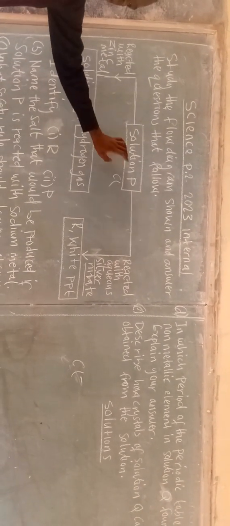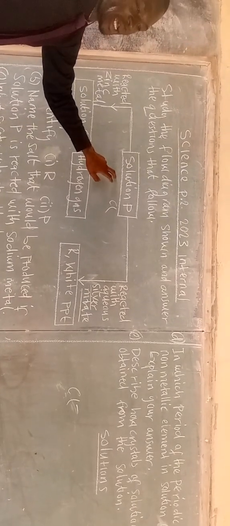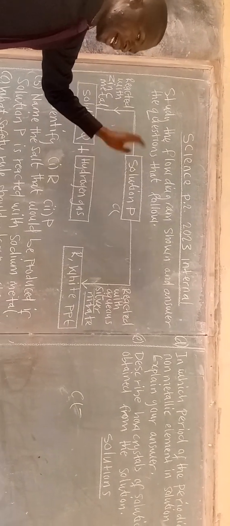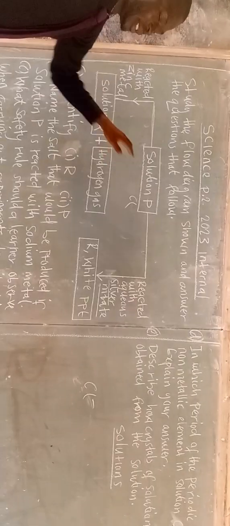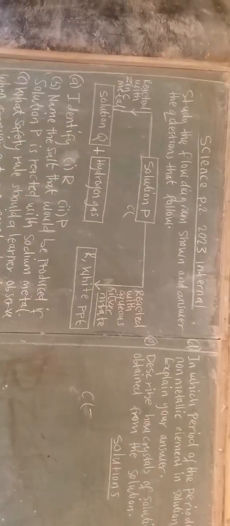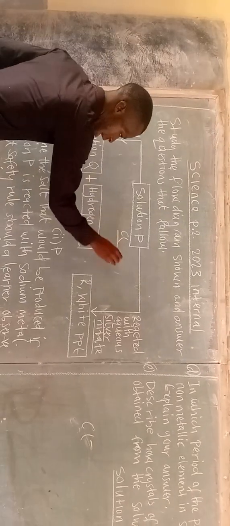Since there is chlorine here, and we were suspecting that it can be an acid or water, we can now fully say it is an acid which contains a chlorine ion.